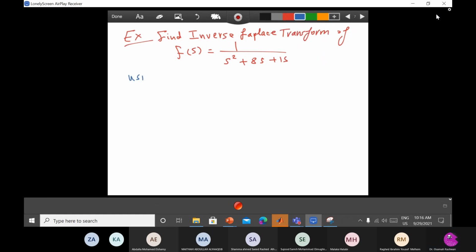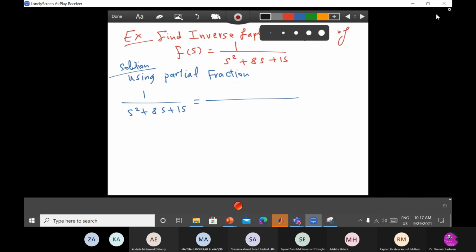So using partial fraction, I just remind you. When you have 1 over s squared plus 8s plus 15, can you factorize this one? If you don't know how to factorize it, you can use your calculator, find the roots, and write s minus the first root times s minus the second root.